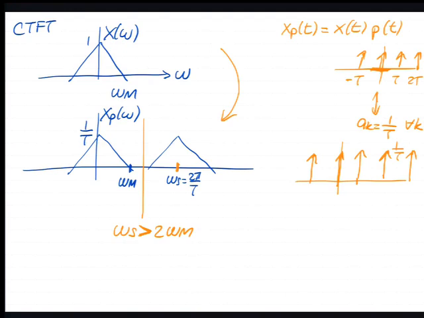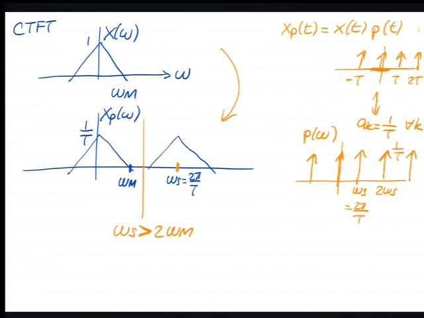You integrate from negative infinity to infinity, it's not going to converge anywhere. But the theory of distributions allows us to define the Fourier transform in this way. So this is P of omega. And these are separated by omega s, 2 omega s, etc., which is 2 pi over T, right?